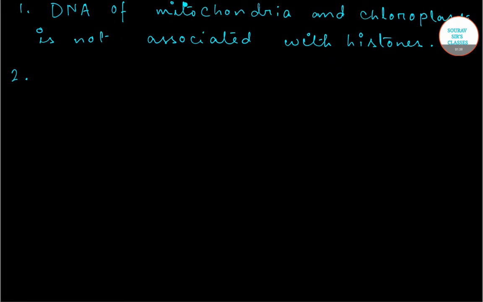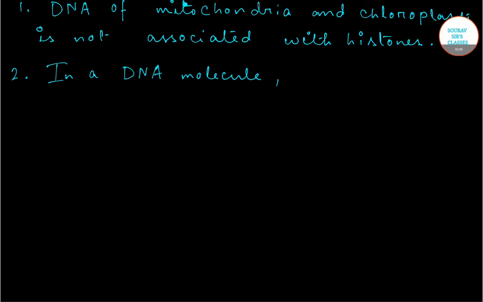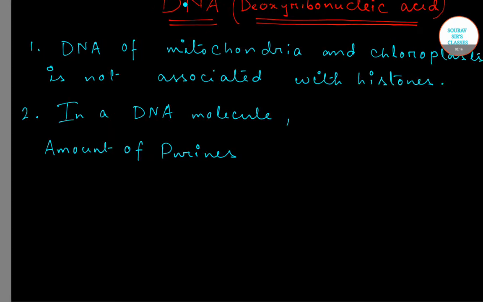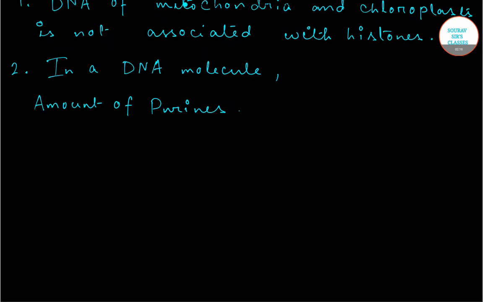Now the next point is, in a deoxyribonucleic acid or DNA molecule, the amount of purines is equal to the amount of pyrimidines.